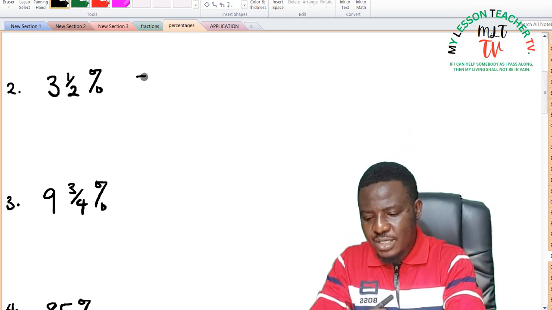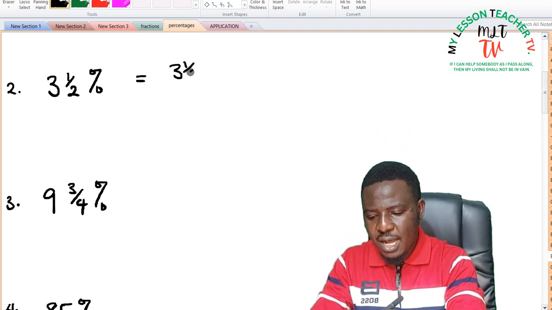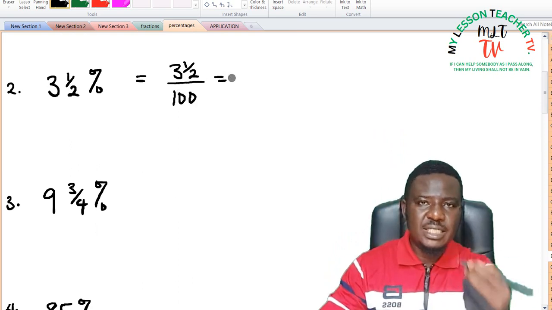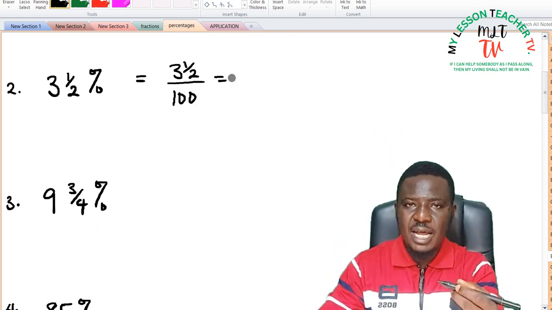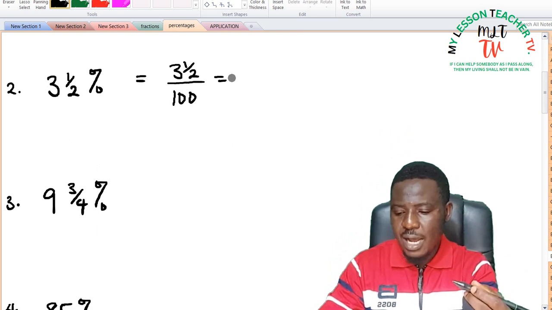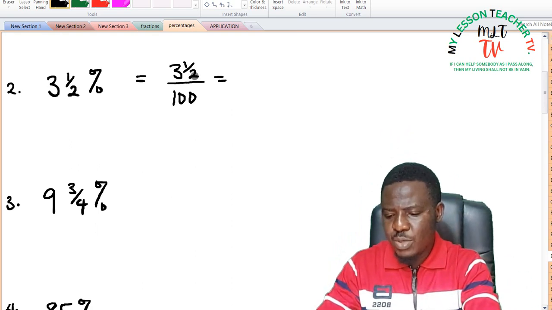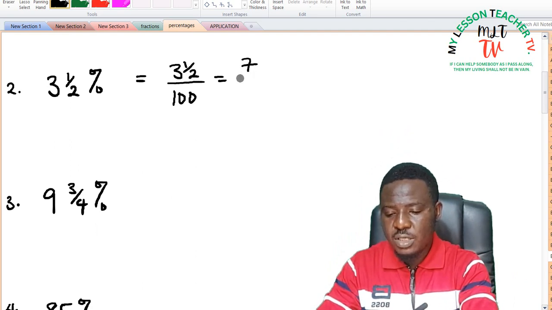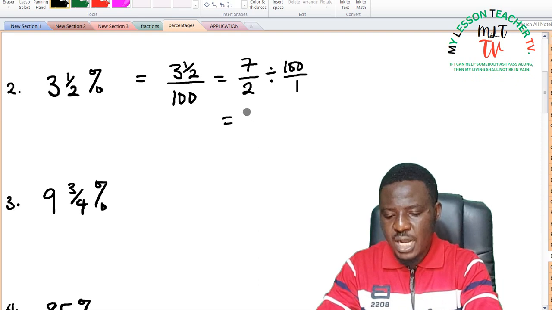3.5%. 3.5% is expressed as 3.5 divided by 100. Now you express the numerator, which is 3.5, as an improper fraction. This becomes 2 times 3 is 6 plus 1, which is 7 over 2, divided by 100 over 1, which can be written as 7 over 2 times 1 over 100.